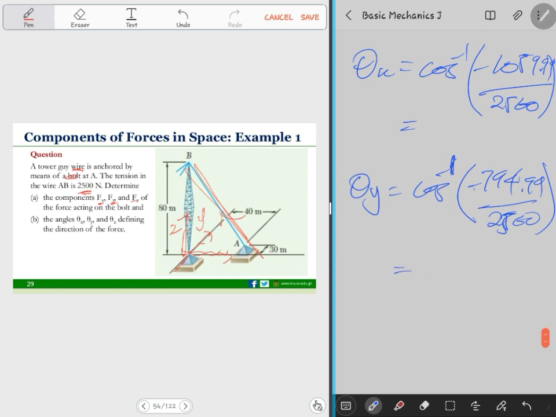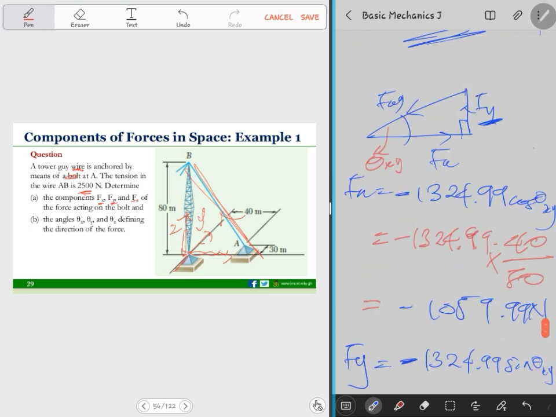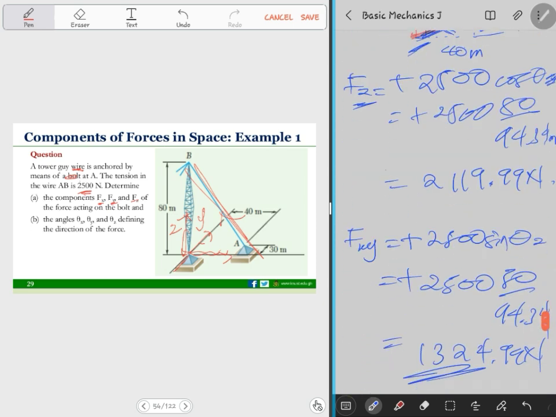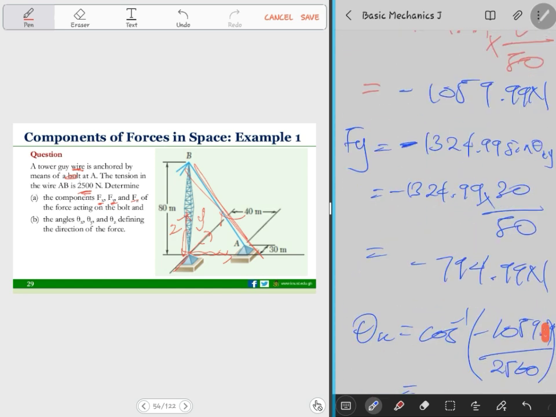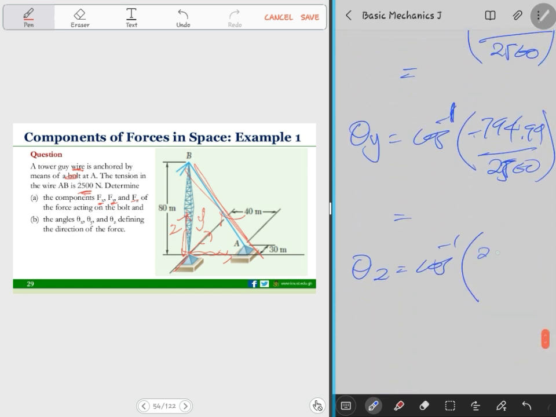And then we have theta z, cos inverse again. Then fz. What's our fz? 2119.99. There it was positive, so we'll just make it that way. 2119.99, right? And then the full force is 2500. Let's see what we get for these guys.